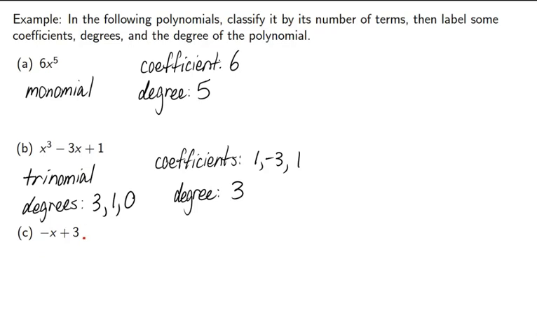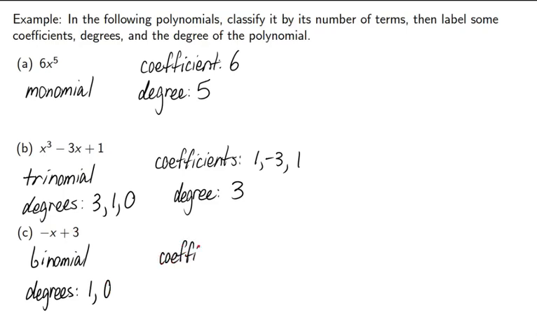Last one. This one has 2 terms, so it's a binomial. Its degrees of each individual term: the x is technically an x to the 1, and the constant term has a degree of 0.